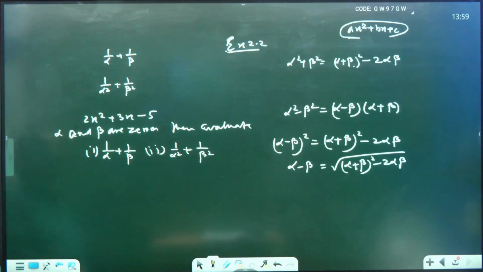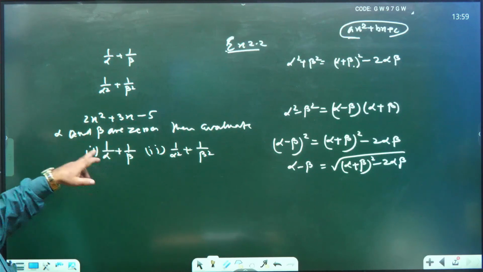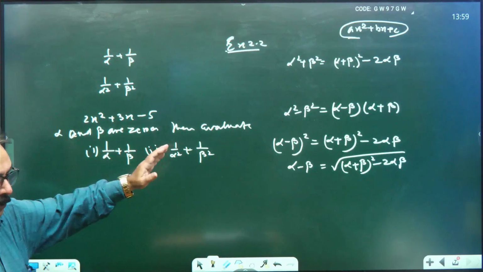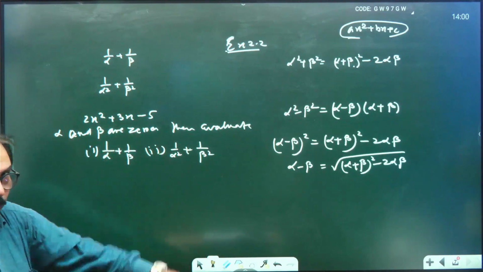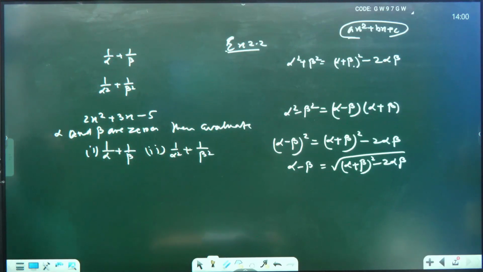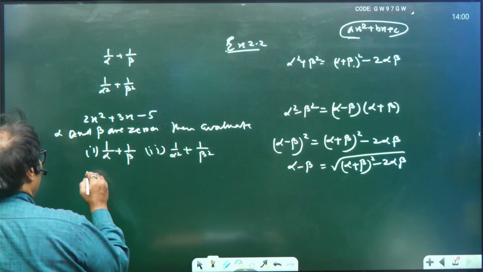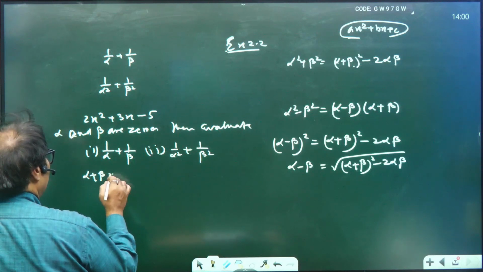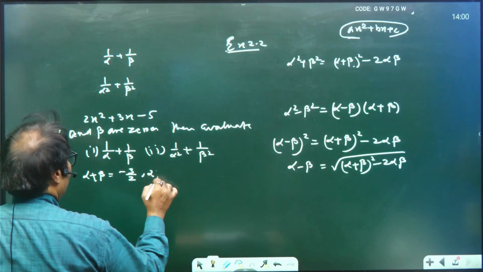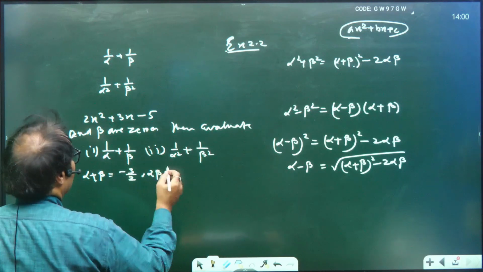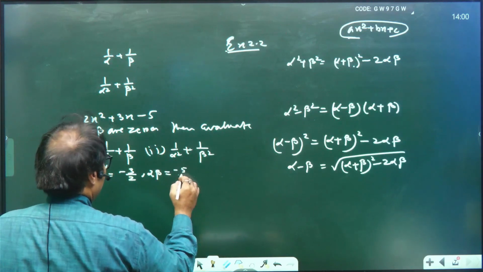From this given polynomial, alpha and beta are the zeros. So we will find the value of alpha plus beta and the value of alpha beta using the relationship. Here alpha plus beta is equal to minus b upon a, so minus 3 by 2, and alpha beta is equal to c upon a, so this is minus 5 by 2.